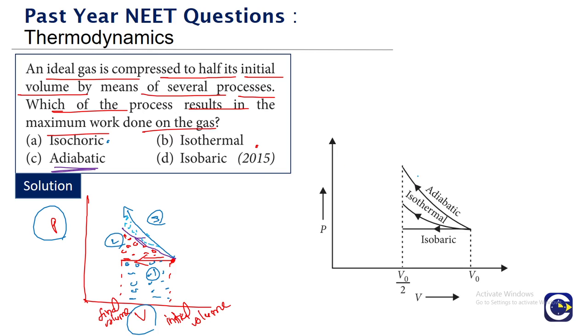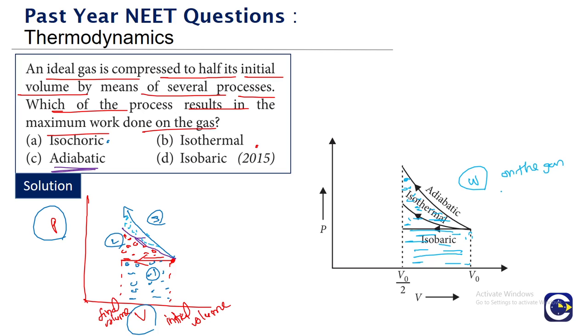If you look at the adiabatic, everything below the adiabatic comes in, so that is the total area under the adiabatic curve. The adiabatic curve is going to give us the maximum area below the curve, which means the work done on the gas will be maximum. Here the volume is decreasing, so work is done on the gas.